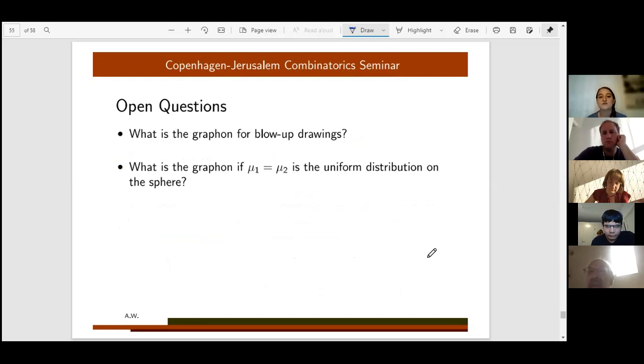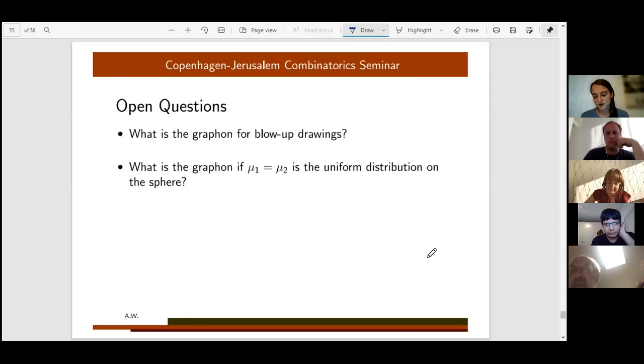For blow-up drawings, we already knew these triangle probabilities, and it was still quite a difficult formula, but maybe if one chooses a particularly nice drawing to start with and blows it up, there's an easy way to describe the graphon. And what is maybe even more interesting is if we start with the sphere and take our points randomly from the sphere with respect to the uniform distribution, can we describe the graphon there?